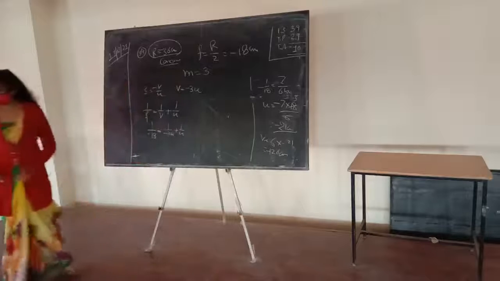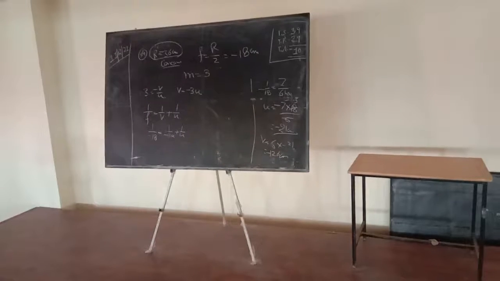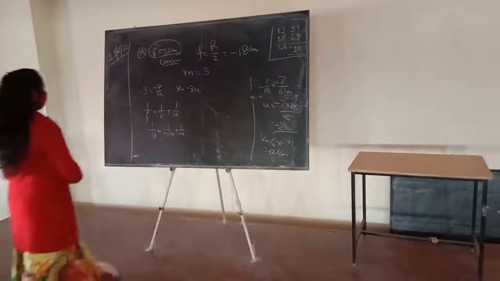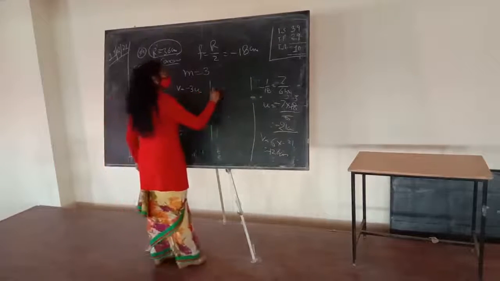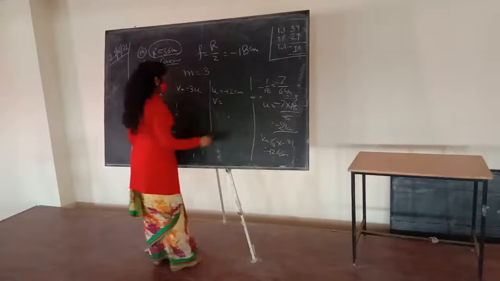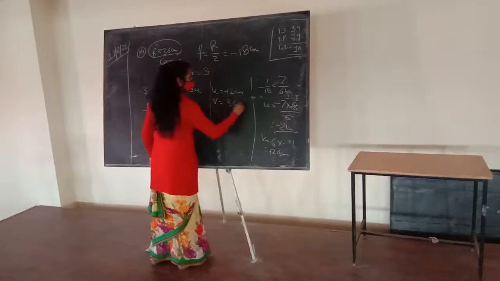So what is the answer? After calculation, u is equal to minus 12 centimeter. What about v? Plus 36. Yes, ma'am. Okay.